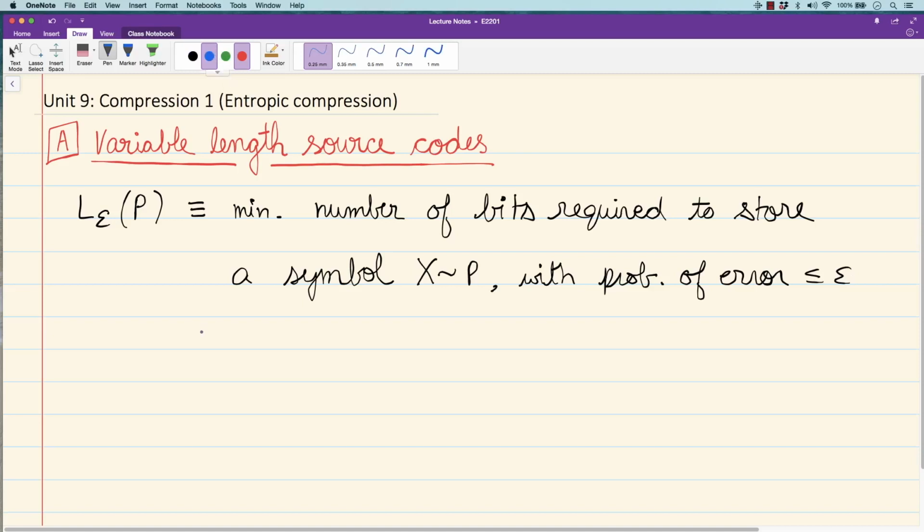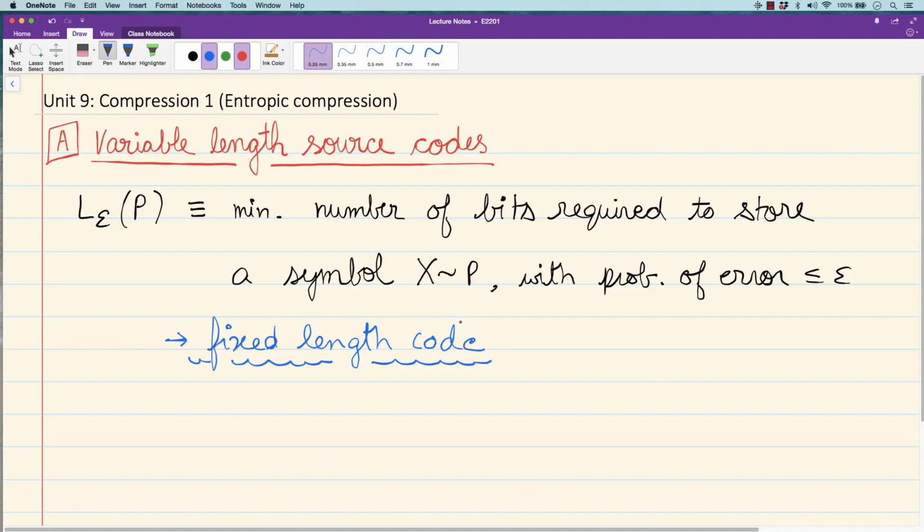So this particular quantity is related to what we can call a fixed length code. So what is a fixed length code?